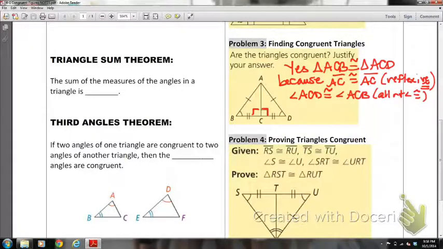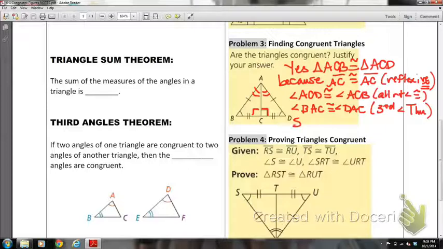And we also know that the angles up top, angle BAC is congruent to angle DAC because of the third angle theorem, which says if two corresponding angles of two triangles are congruent, then the third angles are congruent.